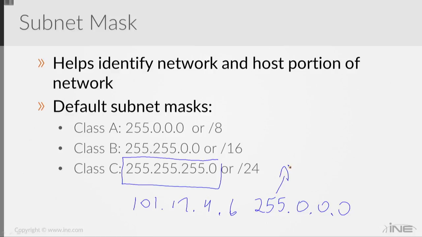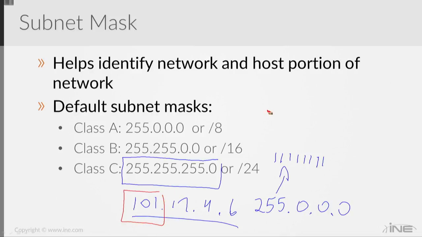And the way the computer system uses this subnet mask is it says, okay, 255, that's 1, 2, 3, 4, 5, 6, 7, 8. So the computer system says, this subnet mask is telling me that the first 8 bits of this number are the network. Well, the first 8 bits are 101.